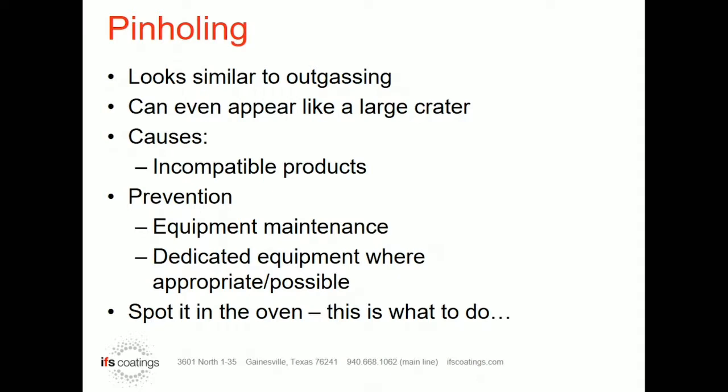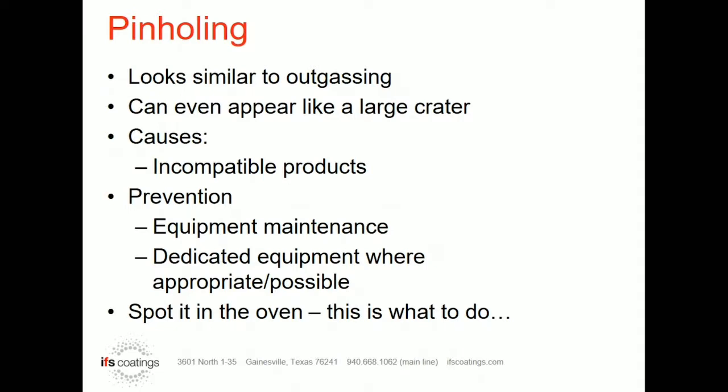So this could be different chemistries. For example, going from a urethane to a polyester can cause pinholing. Different cure cycles, for example low and high cure products. Or it could even be different powder manufacturers. With this in mind, the easiest way to avoid pinholing is by keeping your equipment clean, and that includes hoses, hoppers, and guns.